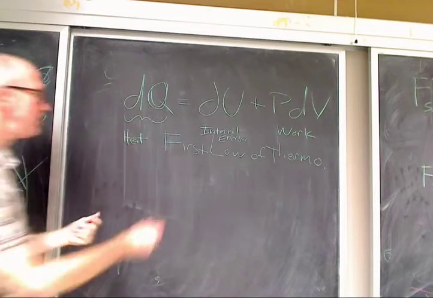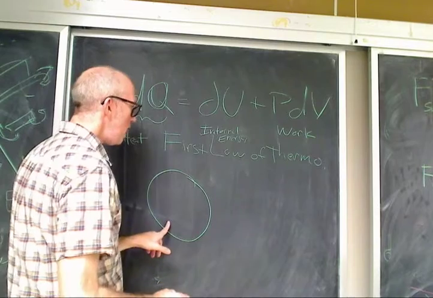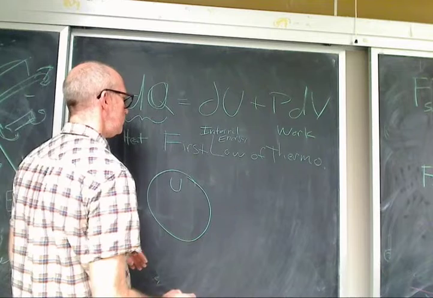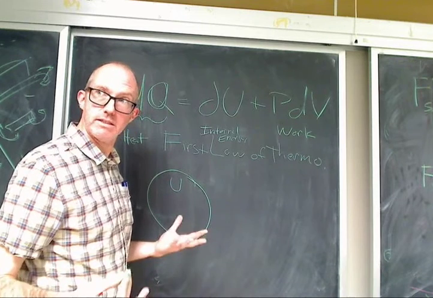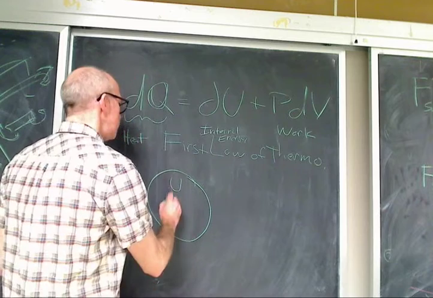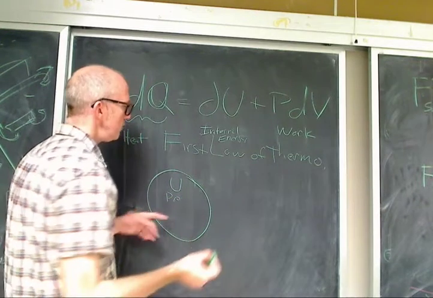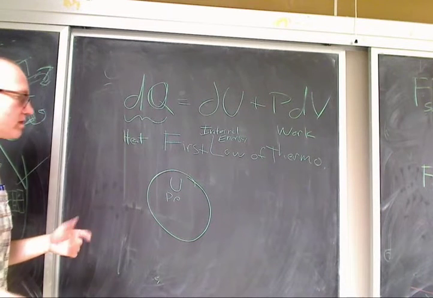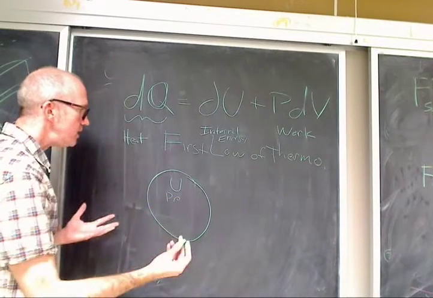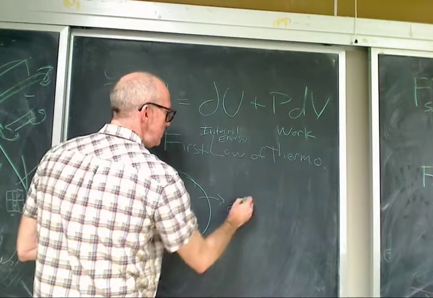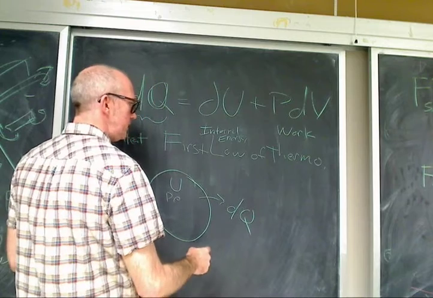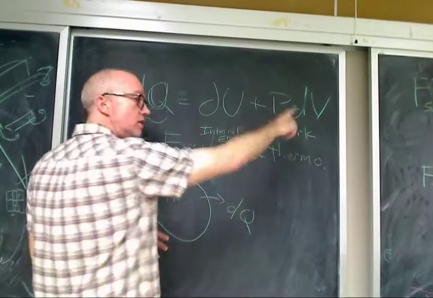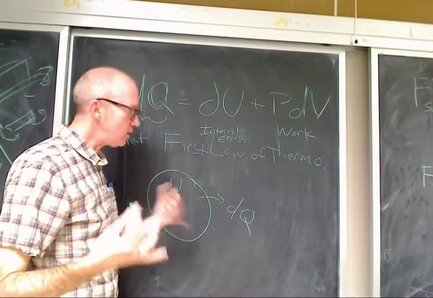So what the first law says is I have a box, and it has some internal energy, U. It's just a thing that it has, is internal energy. It also has a pressure and a density, or a volume. In thermo, you always deal with volume, and here we'll deal with density, which is 1 over volume, which has interesting consequences. So the gas has some quantities, and if there's a heat flux through it, dq, through the side, then I'm going to change P and U, or V. I'm going to change some of these quantities to account for the heat flux.